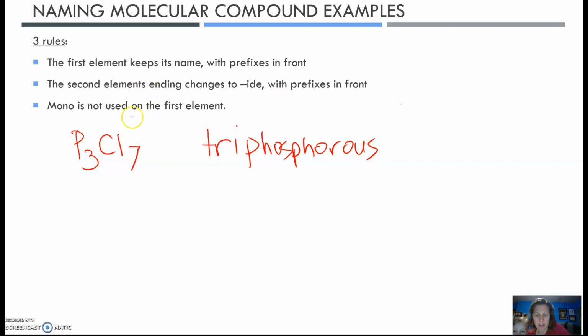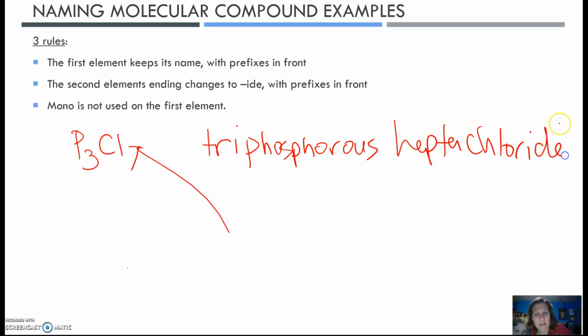And then the second element changes to "ide." This is chlorine, the INE changes to IDE. So 7 is hepta, and chloride. We've probably seen chloride in names, but now there we go. So prefixes, prefixes, ides, just on the second element.